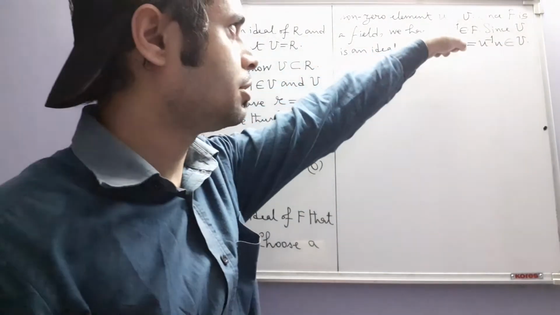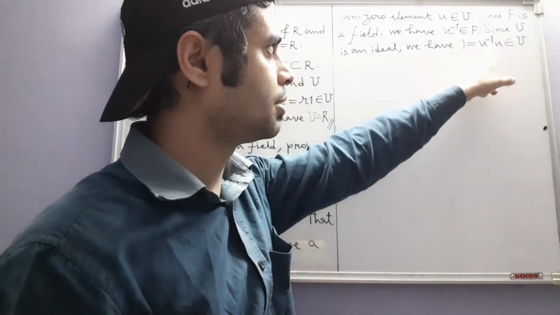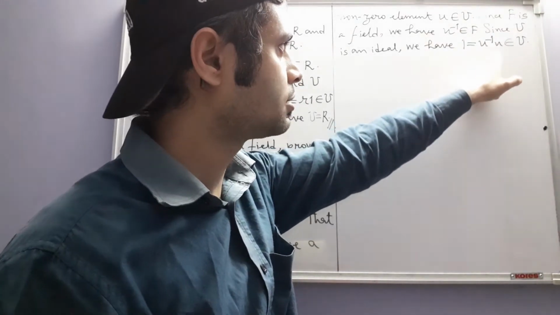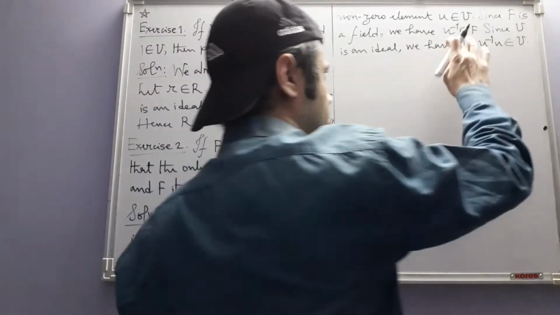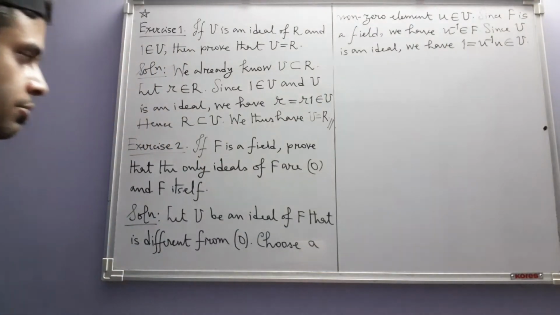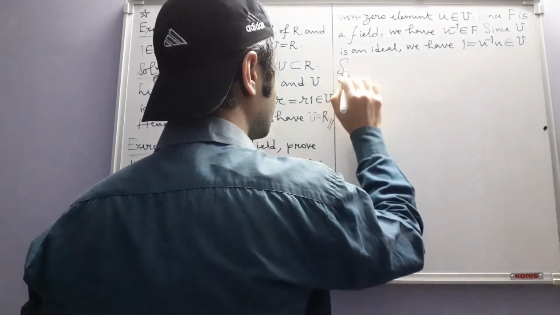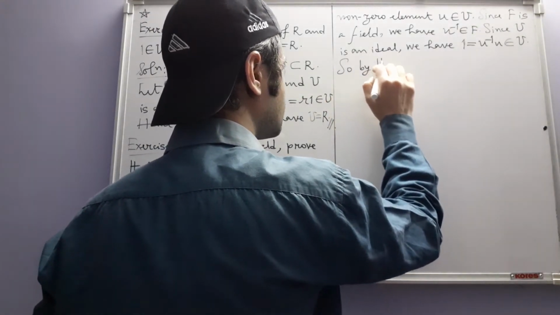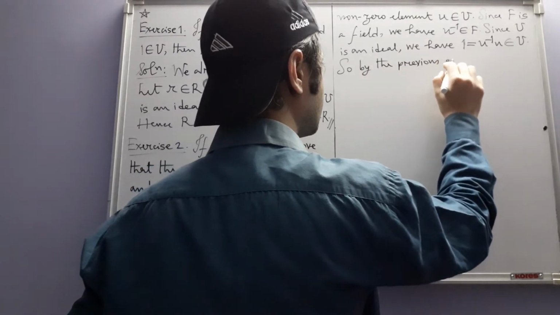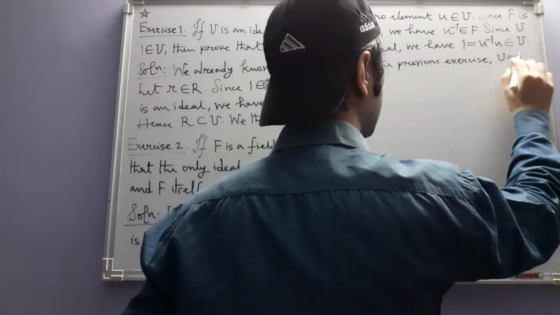Because small u is in U, and since capital U is an ideal, we can multiply this element from the left by this ring element or field element u inverse, thus giving us the fact that the unit element belongs to U. Now we can use the previous exercise. So by the previous exercise, U is equal to F.